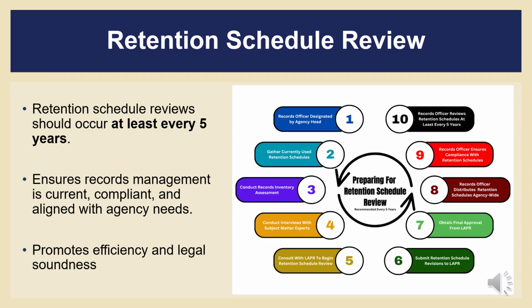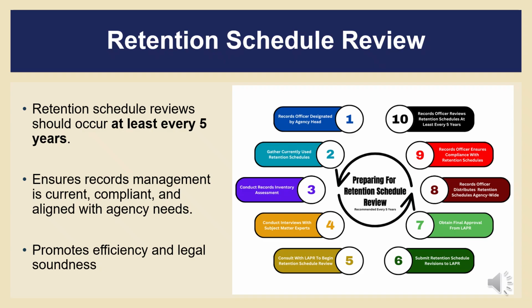3. Conduct a records inventory assessment. Review existing records to identify obsolete items, update legal citations, add new record series, and document any organizational name changes. 4. Interview subject matter experts.